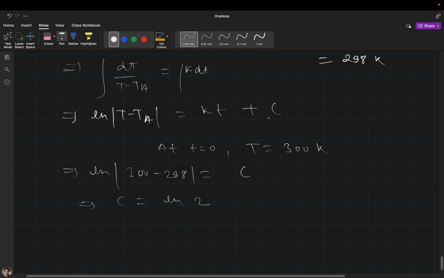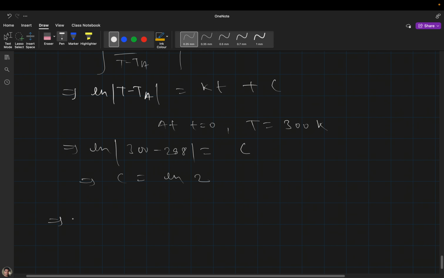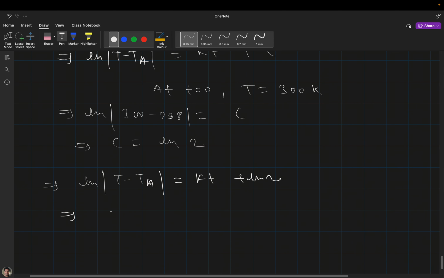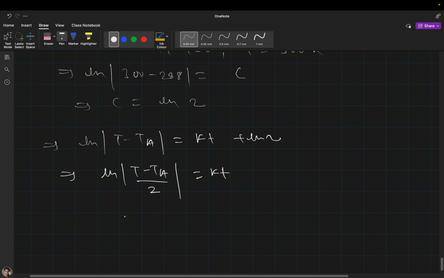Now substitute here. So you will get ln(T minus Ta) equal to kt plus ln 2. So this will become (T minus Ta) divided by 2 equal to e raised to the power kt.